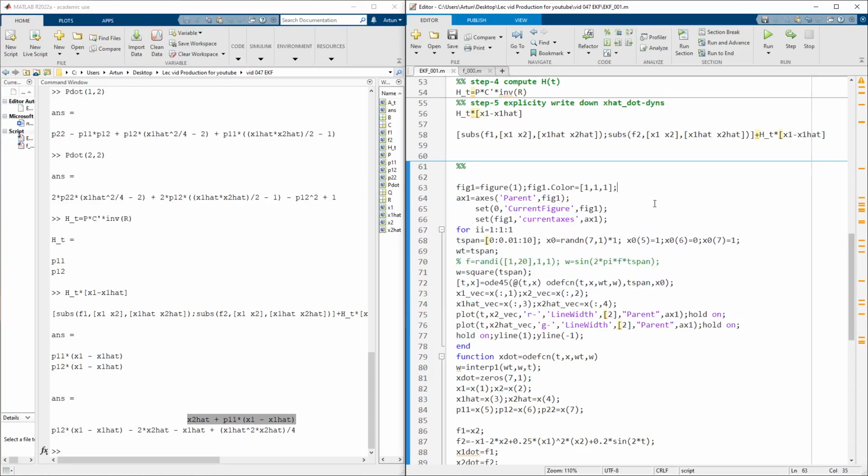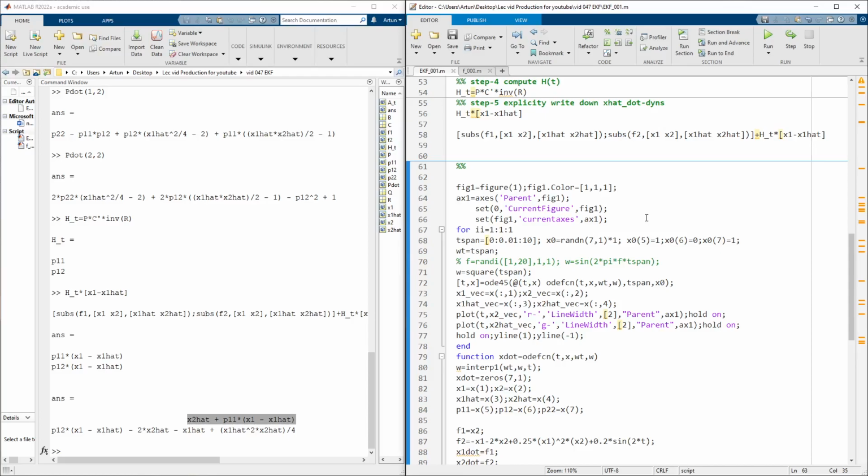So basically we have two states for our dynamical system plant, and three states for our P matrix dynamics, let's call it.